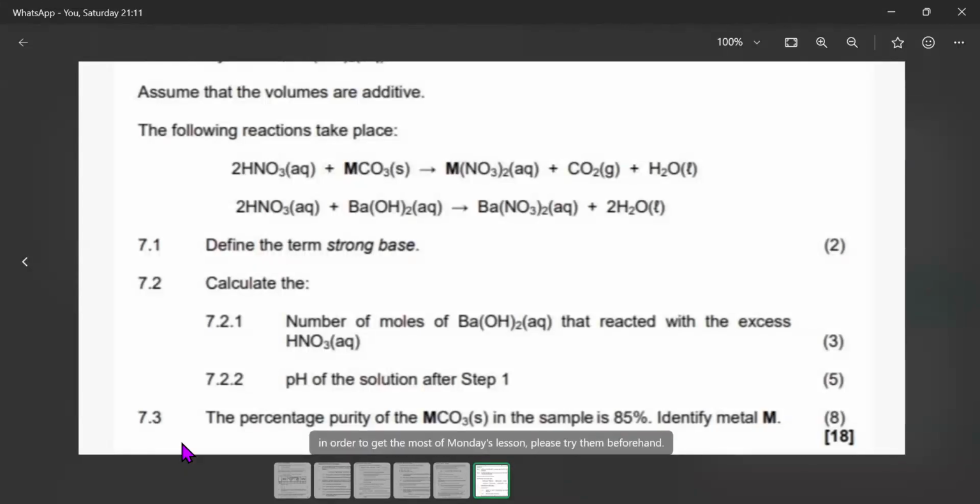Okay? So then, now that we know this acid is in excess, then we need to find the number of moles of the acid that are in excess. So how can we get the moles of the acid that are in excess? Well, it's very easy.